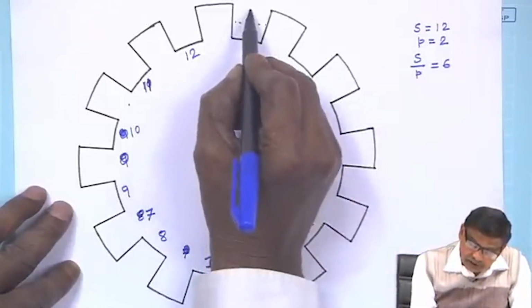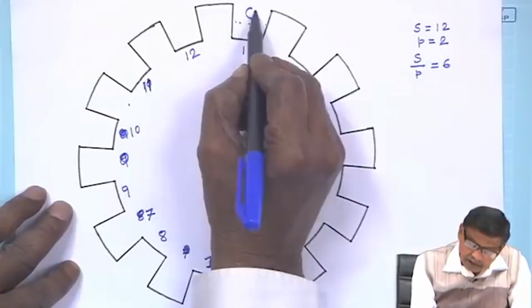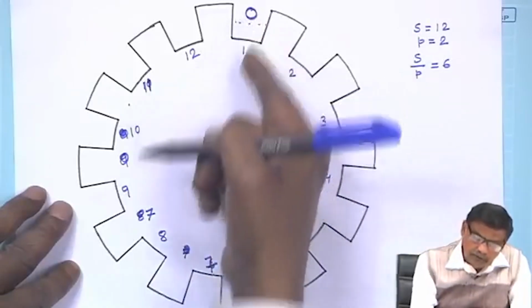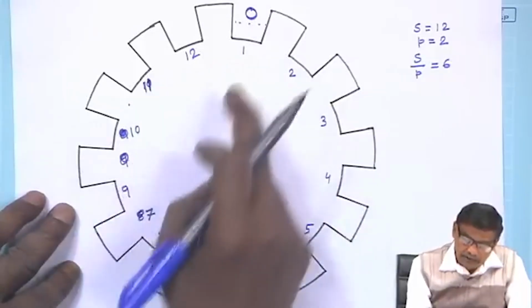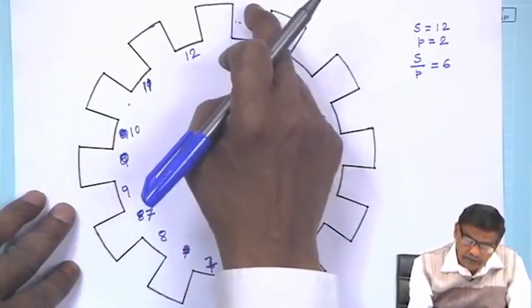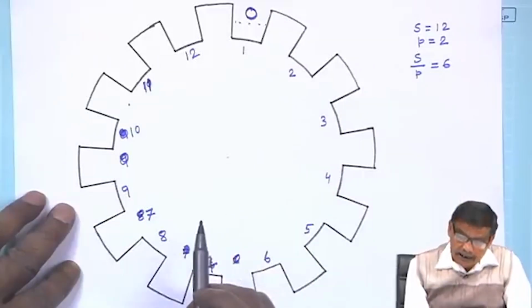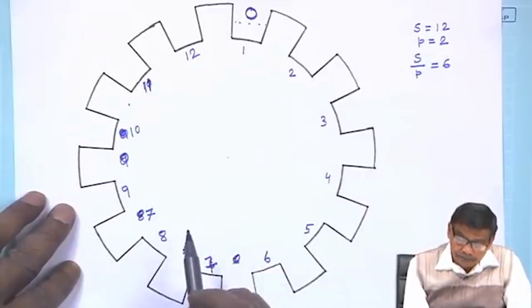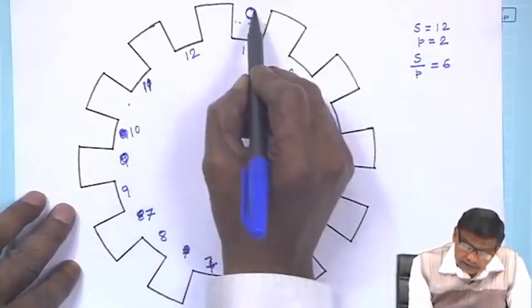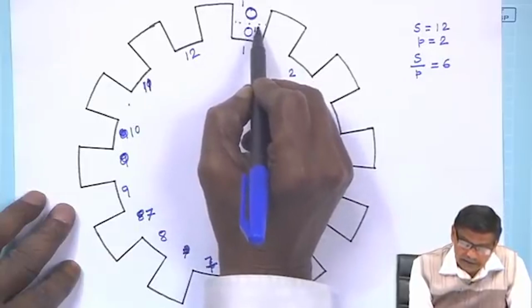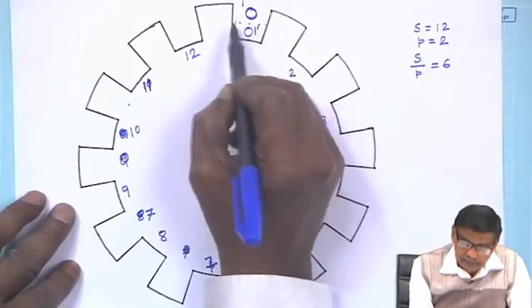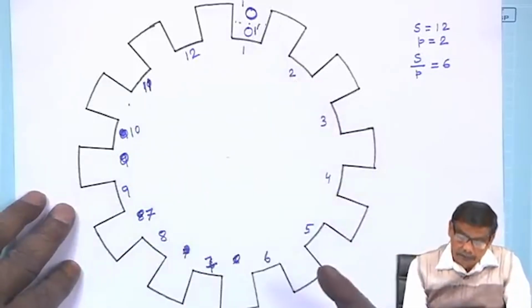The coil sides, whoever will be present, will be numbered by the slot number. So, any coil side here will be called 1. Only thing is, the upper one I will call 1 and the lower one I will call 1 dashed. That is the thing that should be remembered.